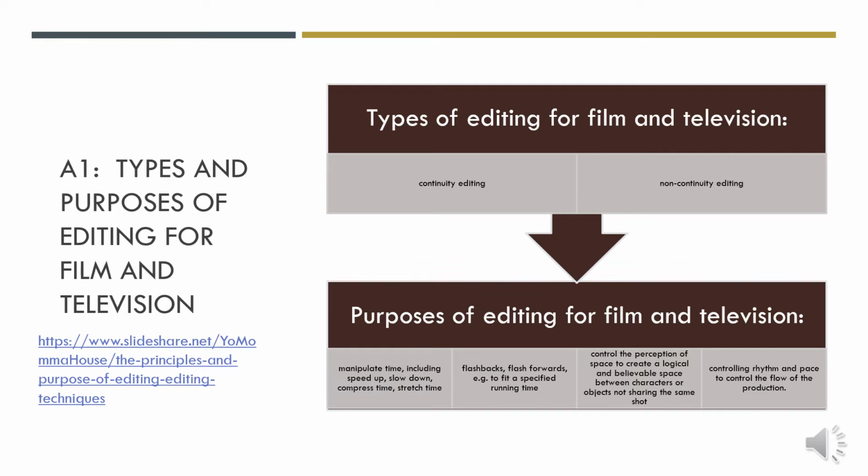Objects not sharing the same shot. This could be something along the lines of perhaps a hero film, i.e. Batman or Superman or the Avengers, whereby a rocket is shooting from a spaceship, and the heroes see this rocket coming, and it cuts between the rocket and the heroes, the rocket and the heroes, or shall we say the missile, and it's coming closer and closer, and suddenly you see the heroes take off and they grab hold of that rocket, and that's where the space between this missile and the hero actually meets.